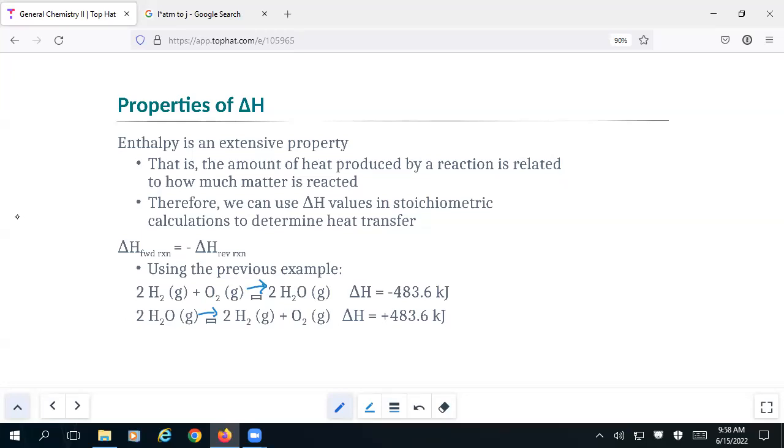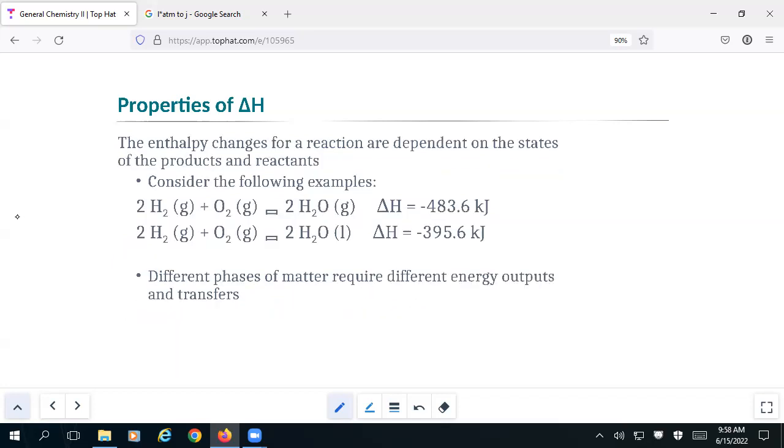Now, this extensive nature of enthalpy has some really important implications. And a lot of those implications we will get to tomorrow. But I wanted to point out one other thing first.